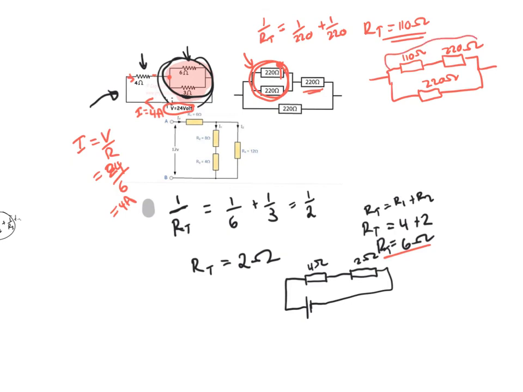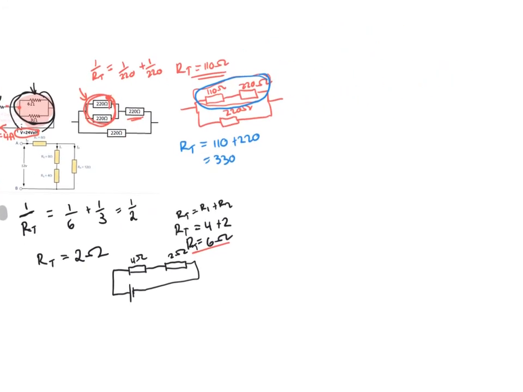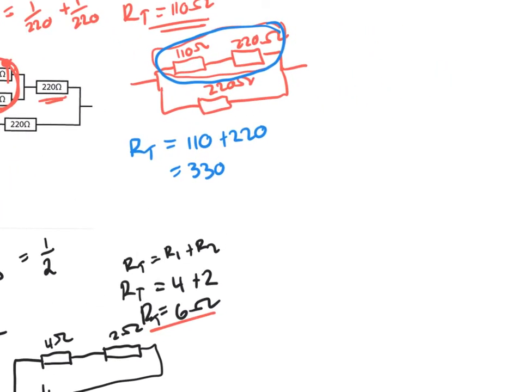Now these two are in series, so I just simply need to do R total is equal to 110 plus 220, which gives us 330 ohms. So I can replace these two now with a single resistor of 330 ohms, which is connected to, once again, the same resistor of 220 ohms here.